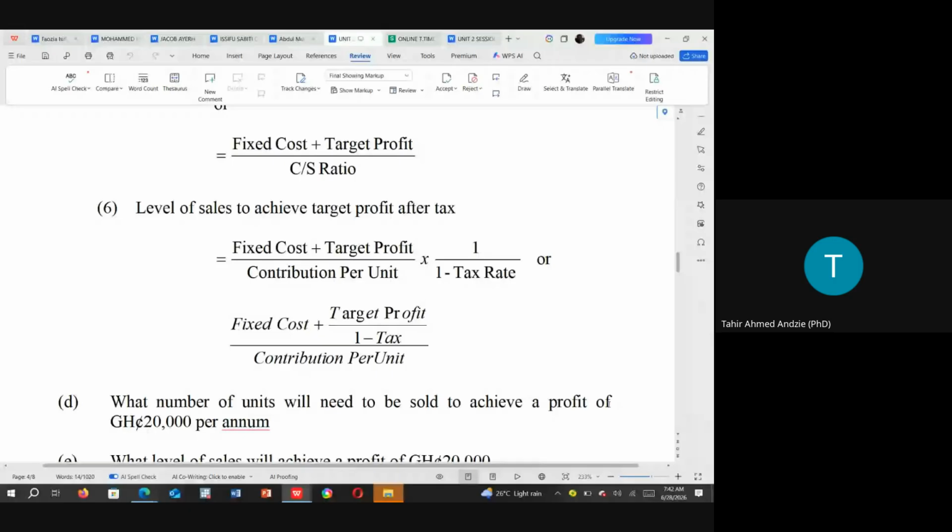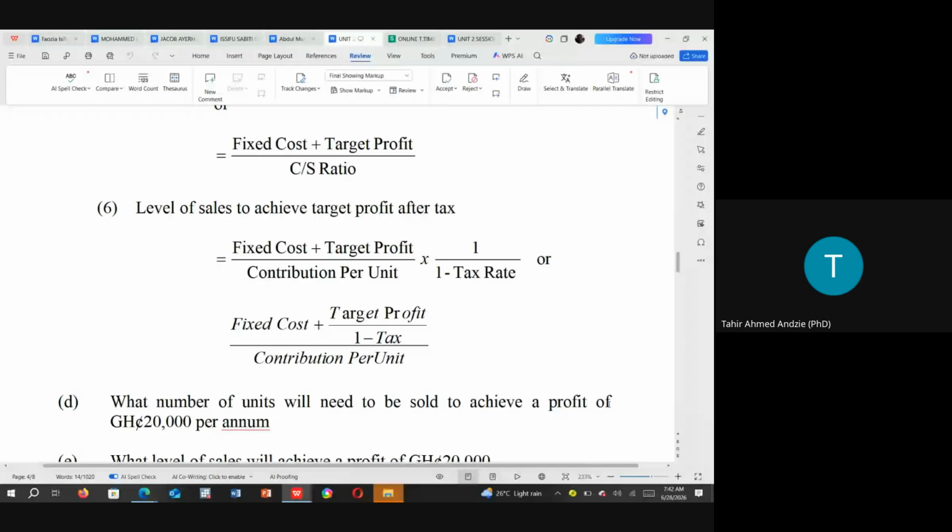So the formula can be fixed cost plus the target profit all over contribution, times one over 1 minus the tax rate.